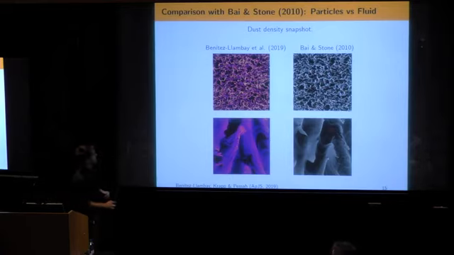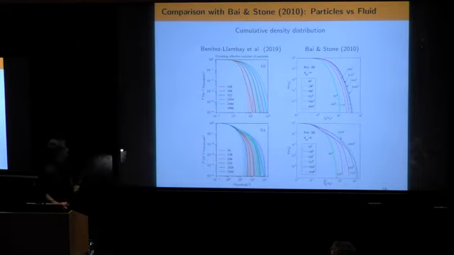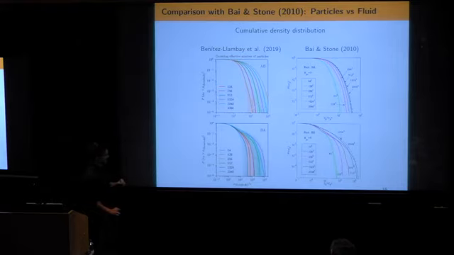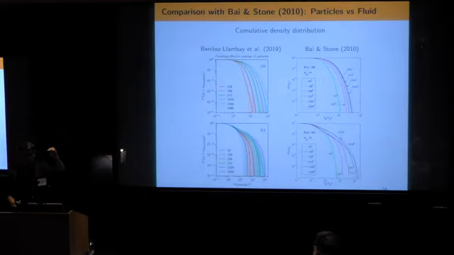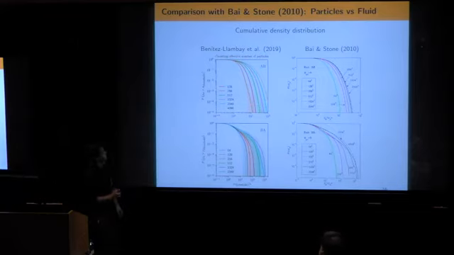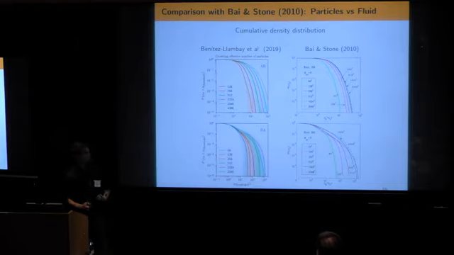So what we did was try to reproduce these cumulative density distributions. But we are not counting particles, we are counting cells, because we are treating dust as a pressure-less fluid. The idea is that you basically count the number of cells that have a density above a given threshold, and in that way you construct your cumulative density distribution.